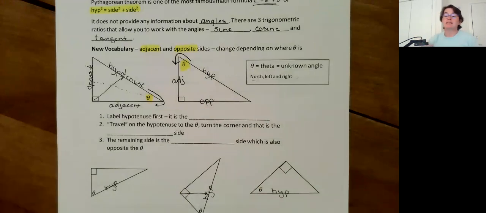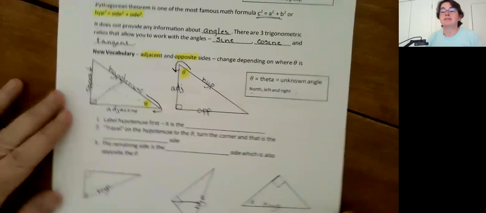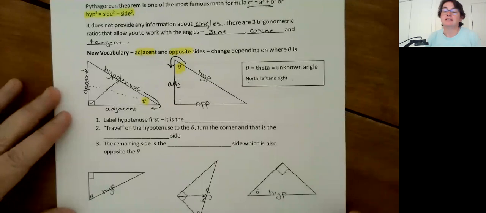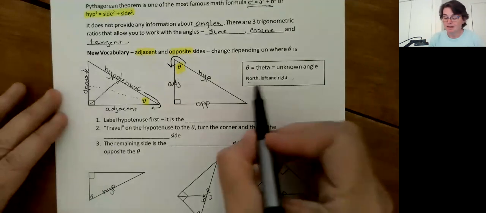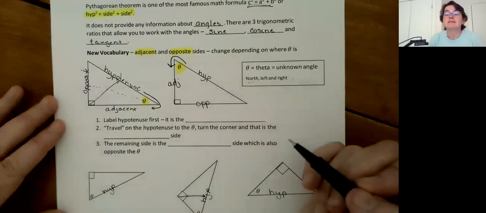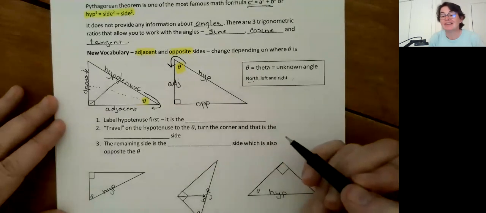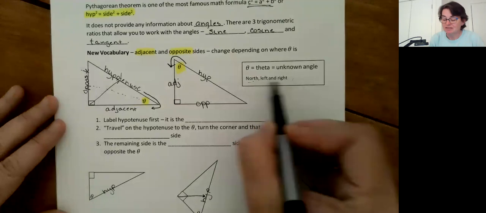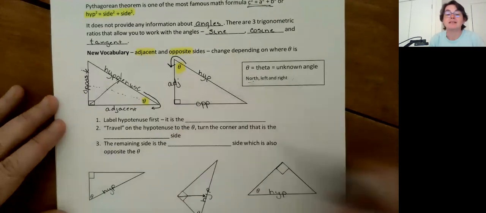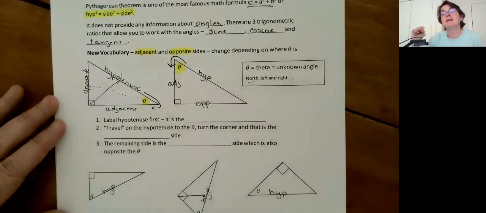Okay, so imagine I tell you, you go down Albert Street and you take a left on Victoria. Well, that's great, but it depends on which way you're going, right? So north is like your hypotenuse, or your hypotenuse is like north. It never changes, whereas the left and right are like opposite and adjacent. They will change depending on which direction you're facing, or basically where your theta is.